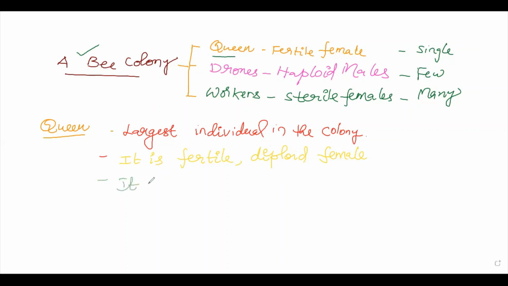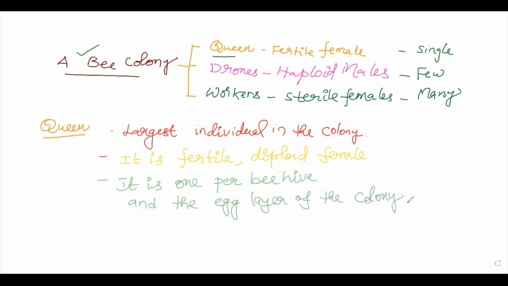It is one per beehive, the egg layer of the colony. Queen is the only egg layer.